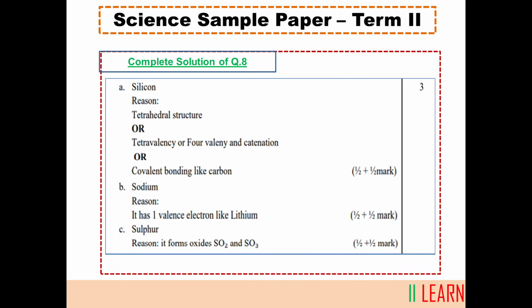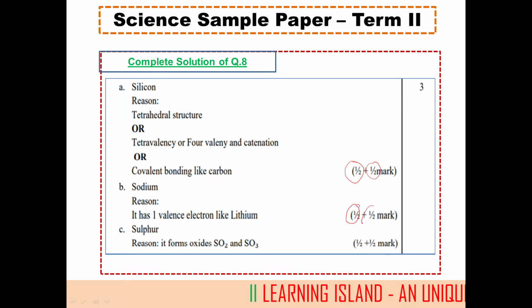I have shown the marks distribution also. For each and every portion of the answer, there is a mark. NCERT has divided the marks also for the exam. So please remember all the points while answering the questions. Do not skip any steps.